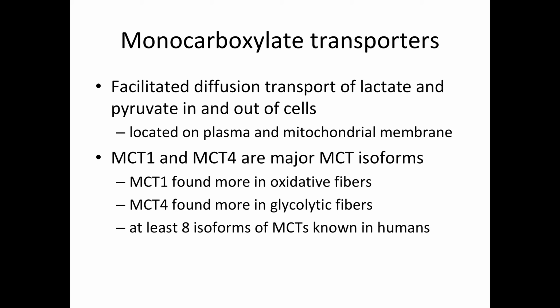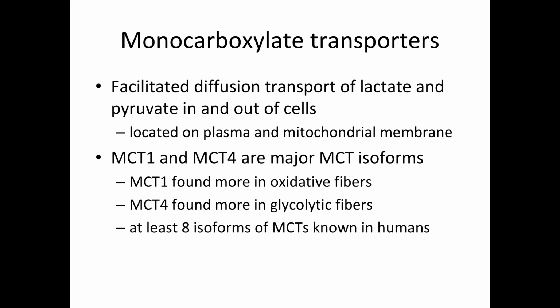The MCT1s are found in the more oxidative fibers, like slow twitch muscle cells, and the MCT4s are found in more glycolytic fibers. That would then regulate what molecule is being transported and in which direction, in or out of the cell.